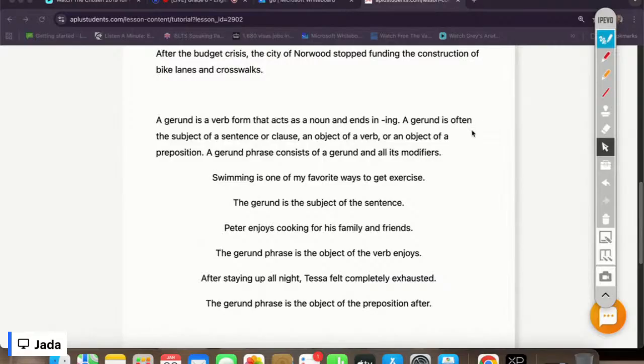A gerund is often the subject of a sentence or clause, an object of a verb, or an object of a preposition. A gerund phrase consists of a gerund and all its modifiers.